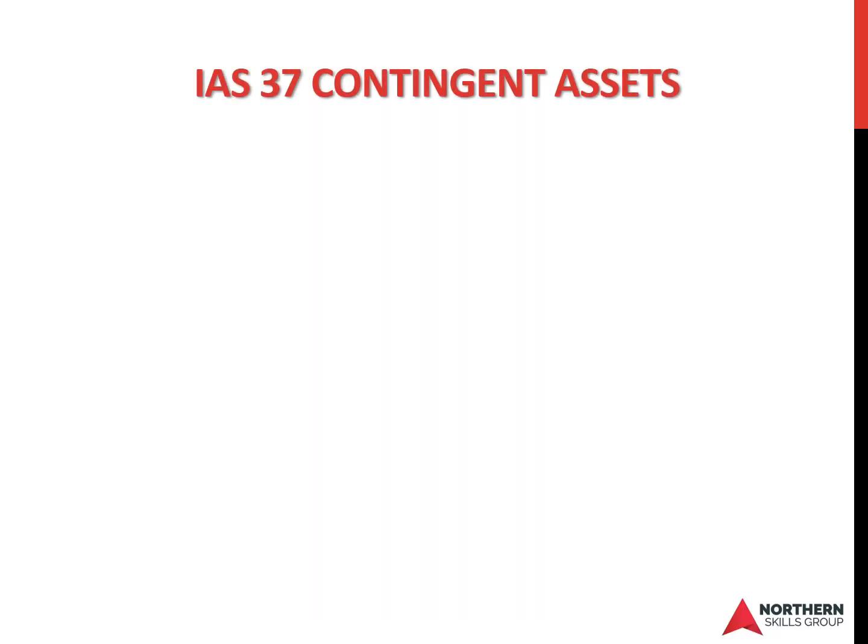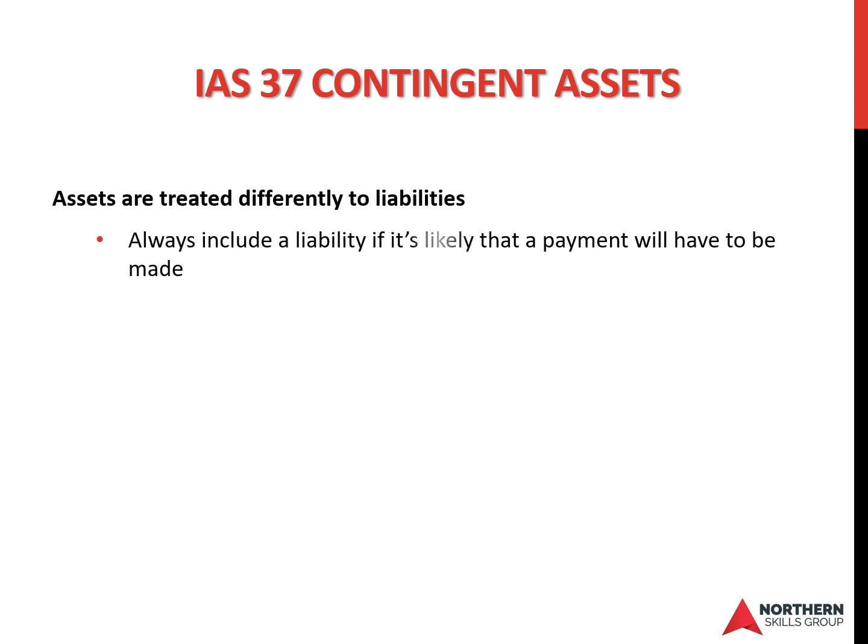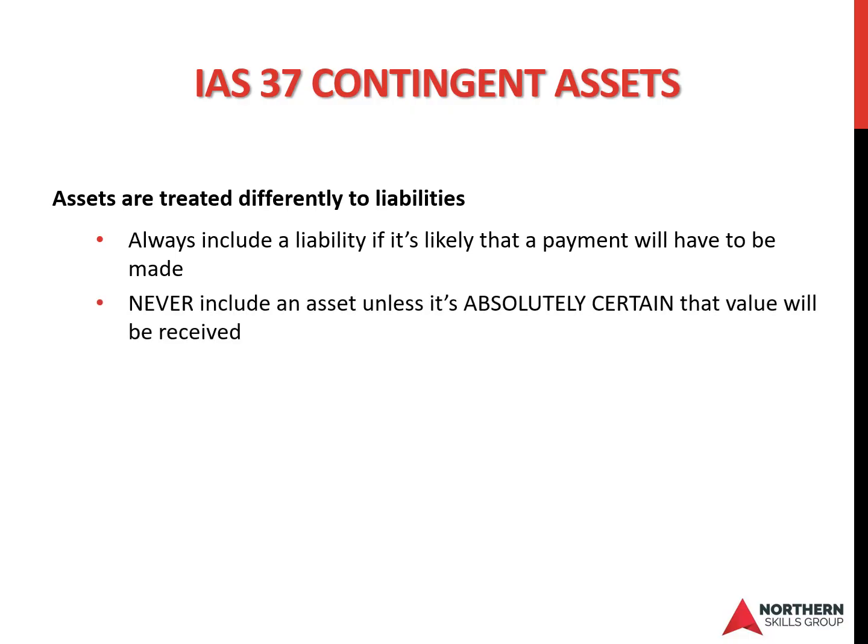Now, IAS 37 also deals with contingent assets, and the treatment of those is very different from liabilities. Remember, as far as assets are concerned, we never include an asset unless it's absolutely certain, not likely, but absolutely certain that value will be received.